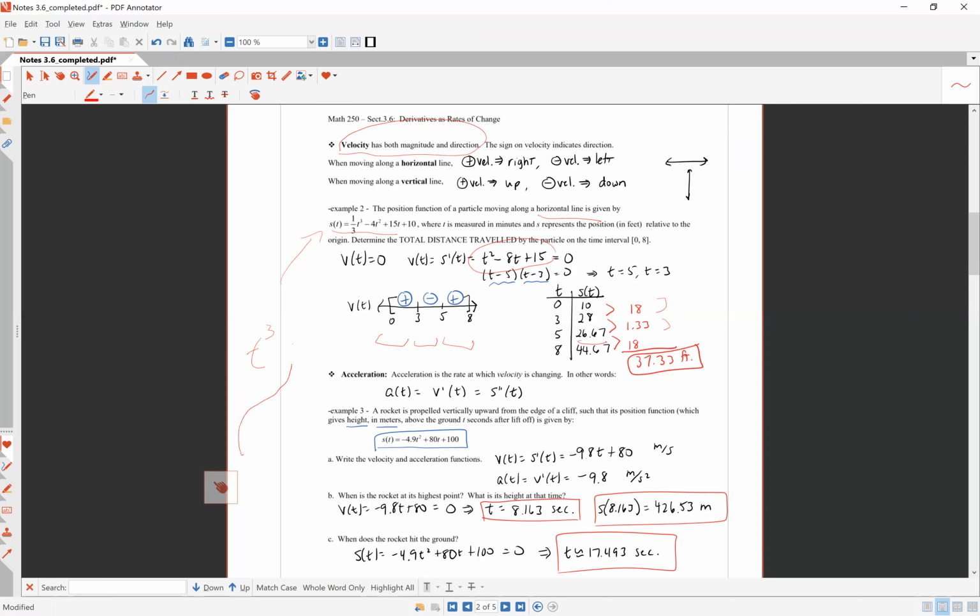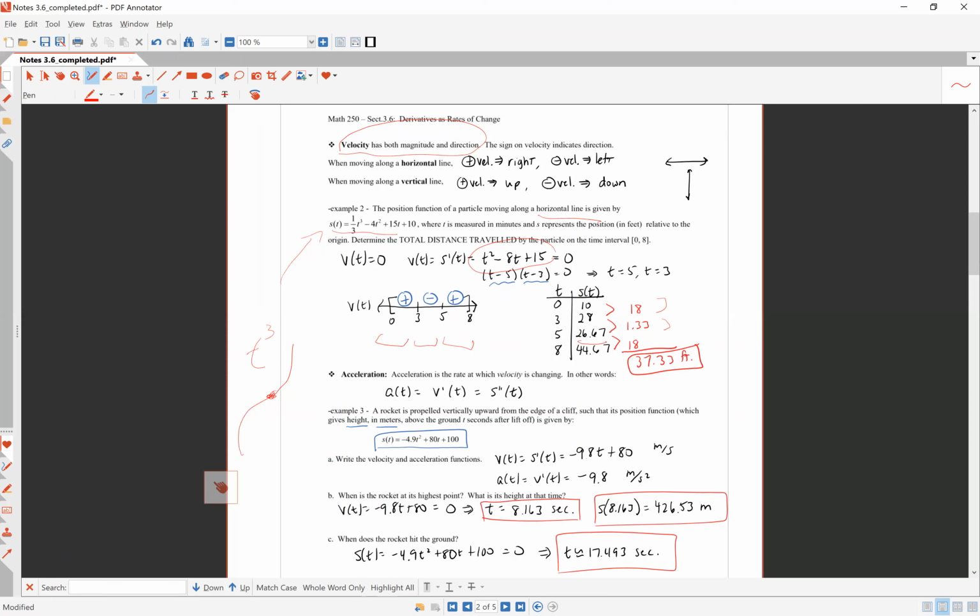You can get something called a point of inflection, where the graph is concave down and then concave up. We'll learn more about that in chapter 4. So a velocity of 0 might mean you're changing direction, but not necessarily. That's all I want to emphasize.